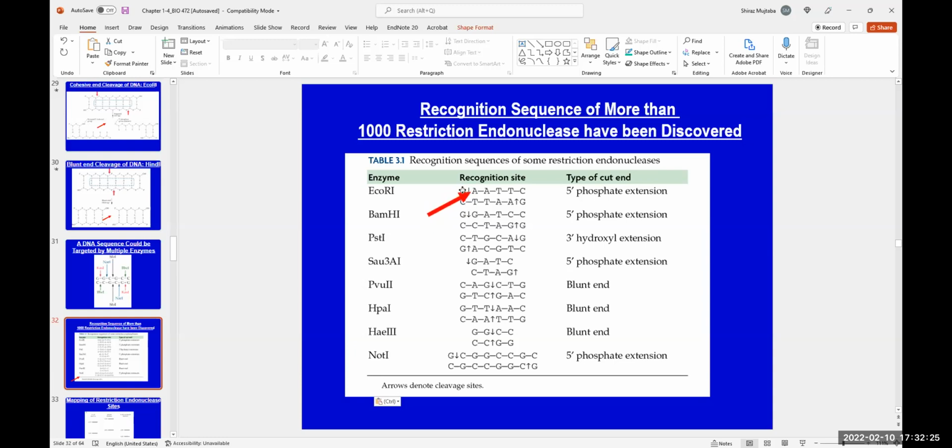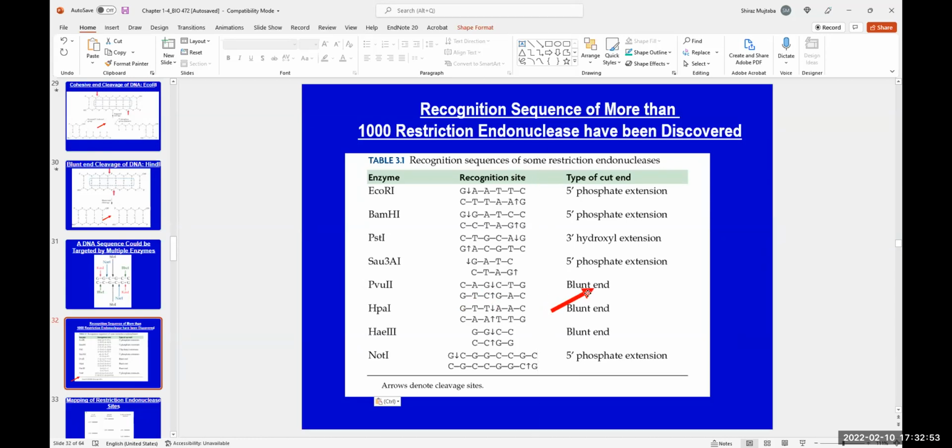There are different points here and here between G and A. So this is asymmetric. EcoR1 is an asymmetric enzyme. But in contrast, an enzyme called PVU2 cuts at the same spot in both the strands. So this is symmetric. This is also called blunt end.